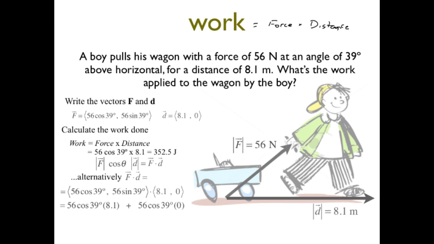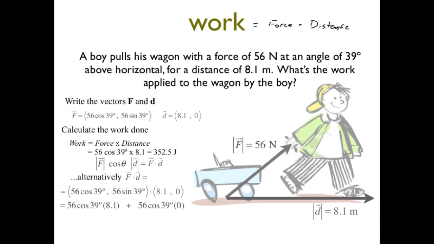If I take the x component, 56 cosine 39, times 8.1, plus 56 sine 39 times 0, I get the same number, 352.5 joules. Okay, does that make sense? Any questions?